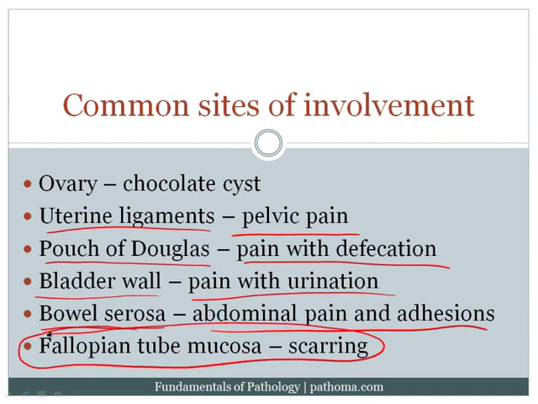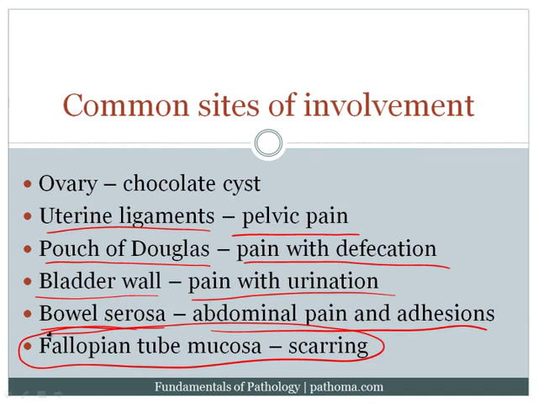Now, if you involve the fallopian tube with endometriosis, you're going to get some damage and scarring, and that scarring could prohibit the egg from being able to move to the uterine cavity. So that's going to increase the risk of infertility, and it's also going to increase the risk of ectopic tubal pregnancy, i.e. the implantation of the fertilized ovum into a place other than the uterine wall.